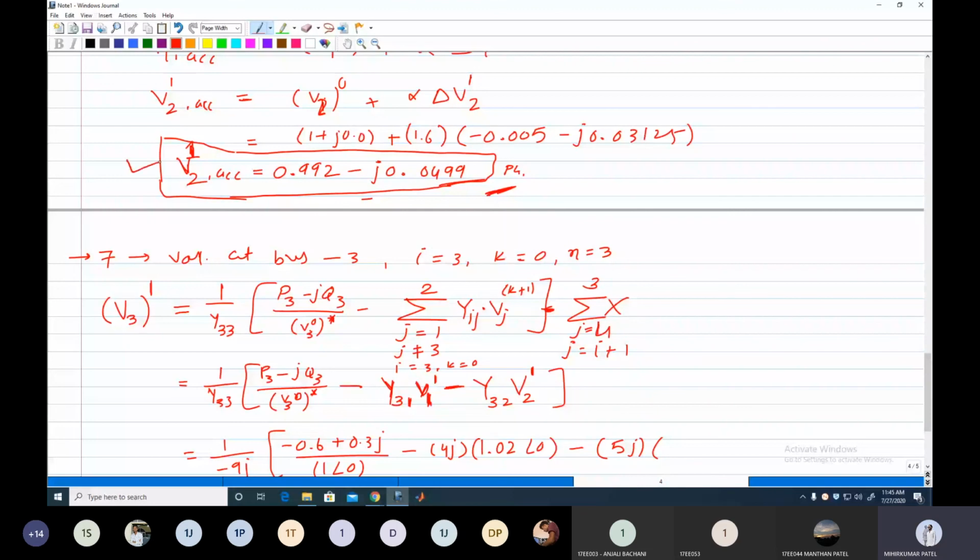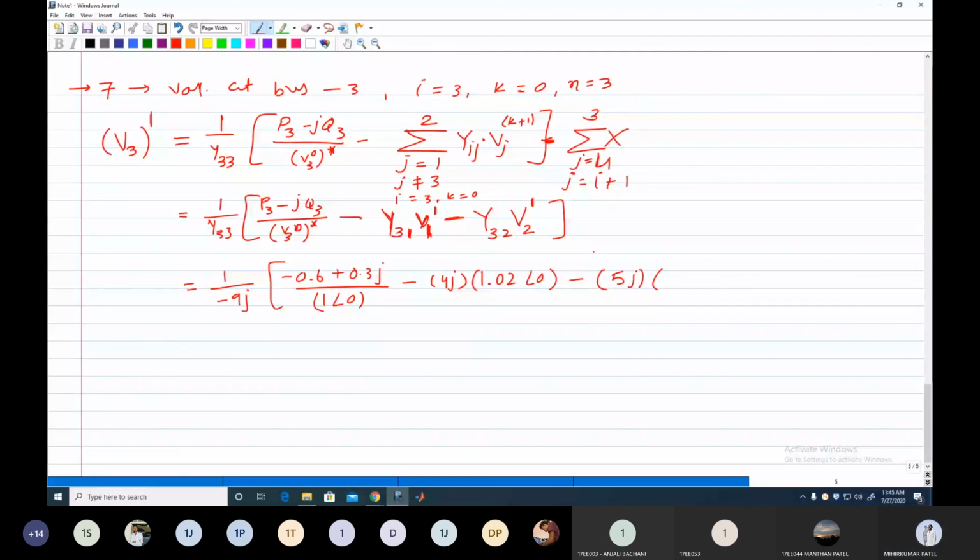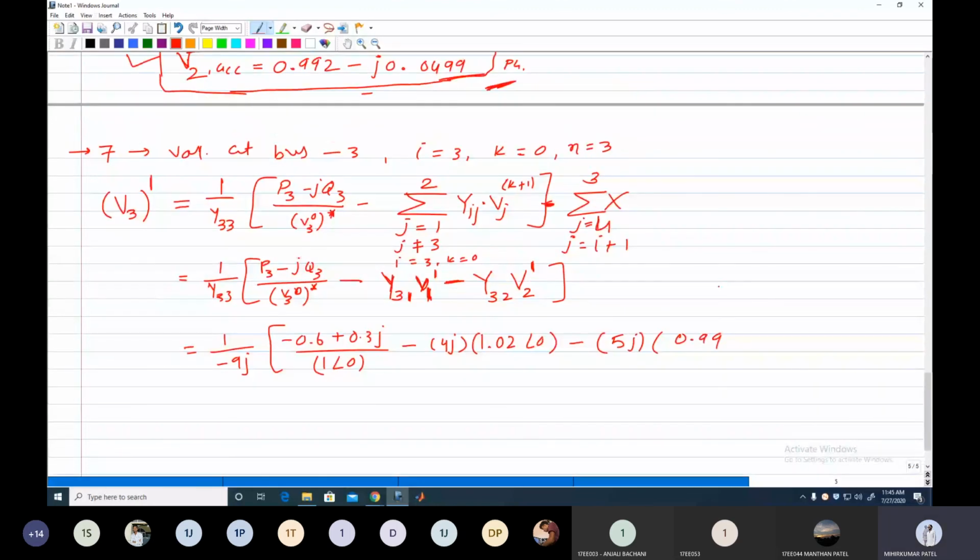The accurate value of voltage at bus number 2 after first iteration. So V21, the accurate value of voltage at bus number 2 after first iteration, which is here 0.992 minus j 0.0499.